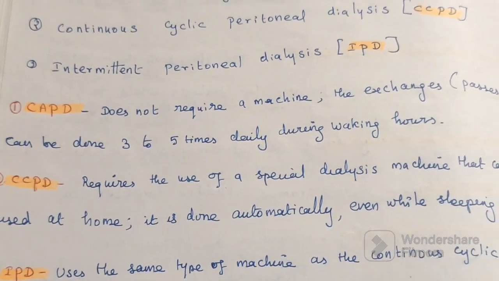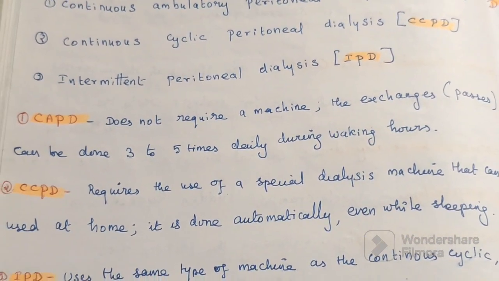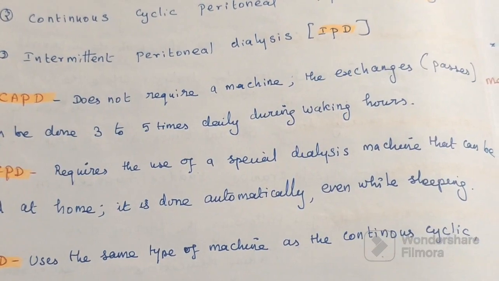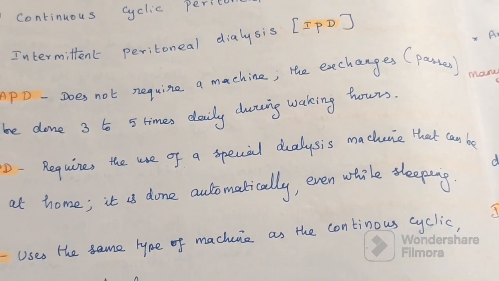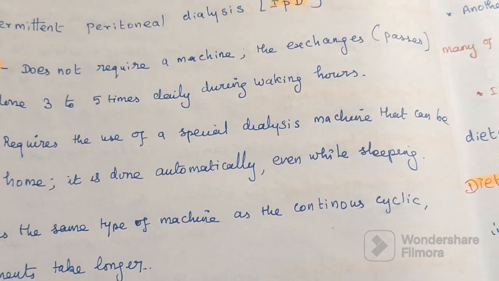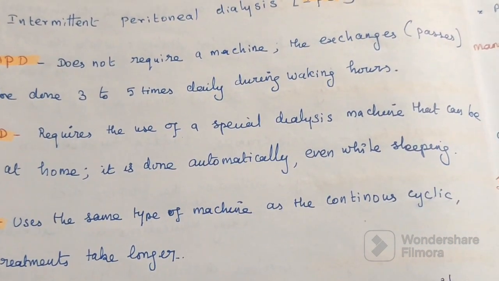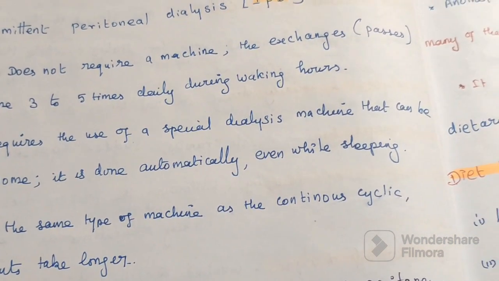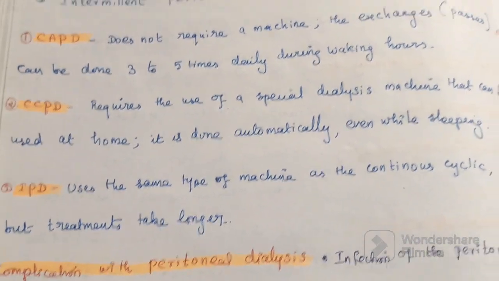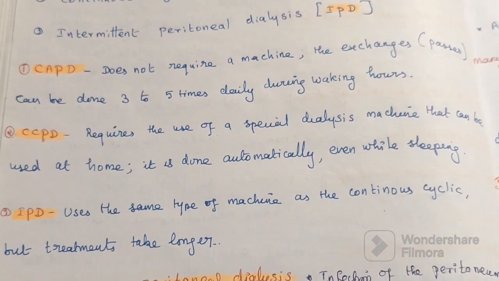The second one is continuous cyclic peritoneal dialysis. It requires the use of a special dialysis machine that can be used at home. It is done automatically, even while sleeping. The third one is intermittent peritoneal dialysis.